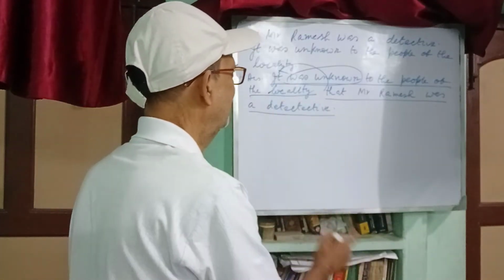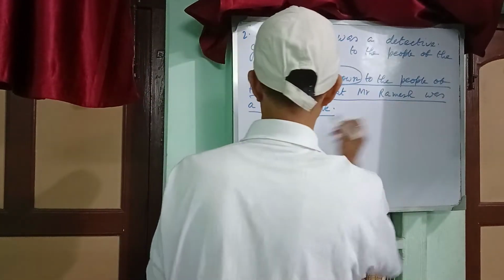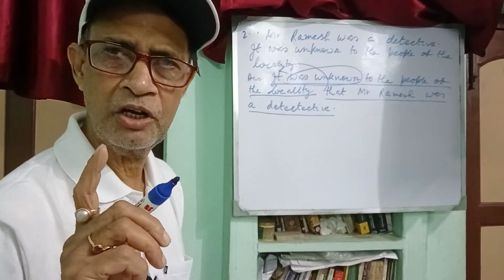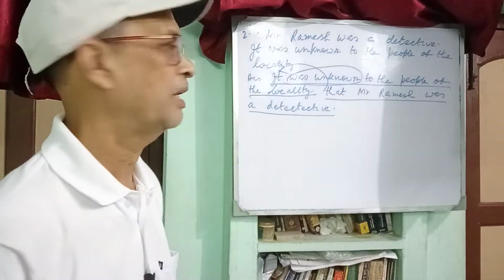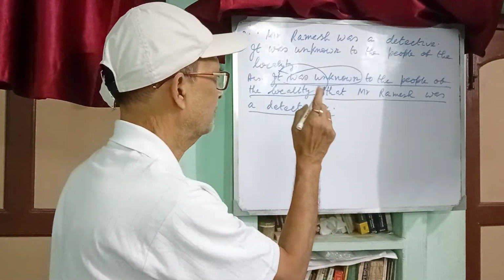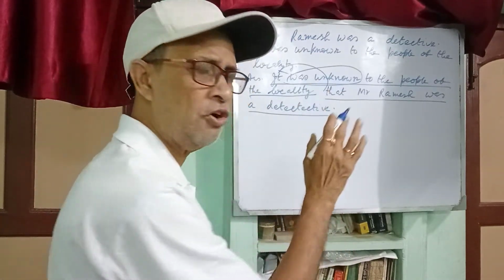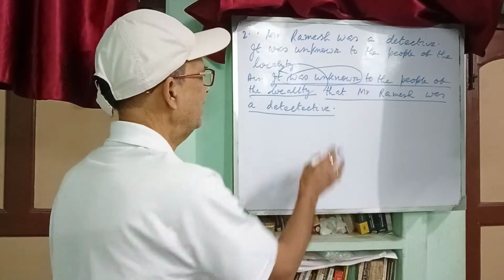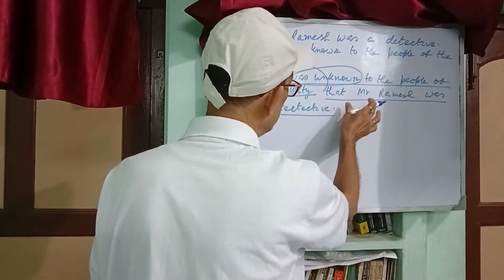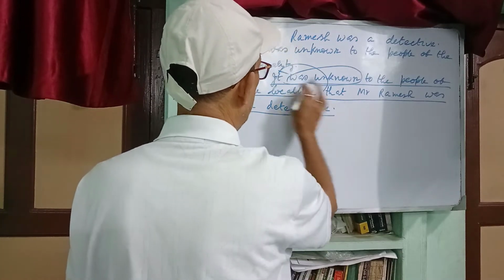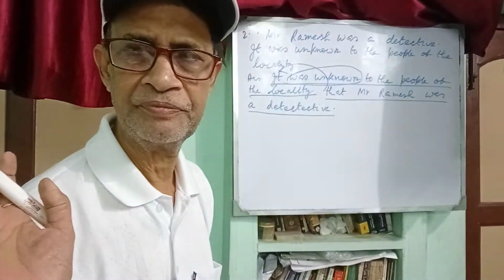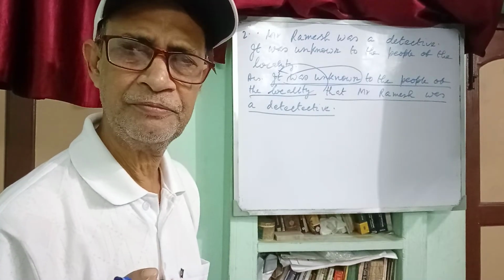What is it? That Mr. Ramesh was a detective. It is noun clause, that is dependent clause or subordinate clause, and it has been acting as the apposition of it. Am I clear?